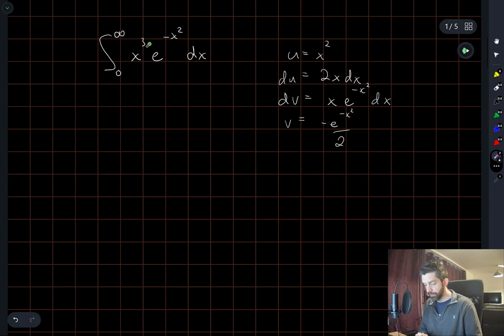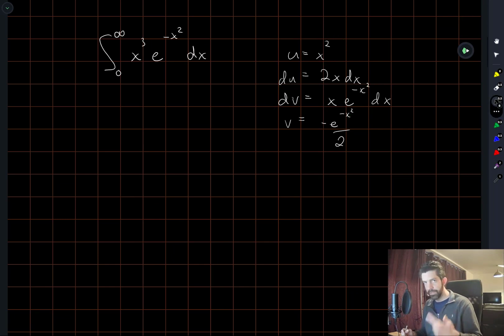My first instinct was to have x cubed be one of the functions in my integration by parts, and that leaves this e to the negative x squared dx as being dv, but of course we can't integrate this. So the way to make the integration by parts substitution is by these two functions here.